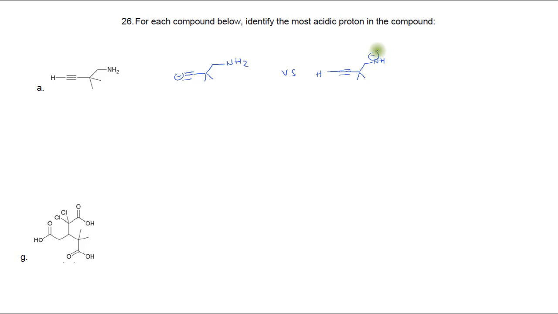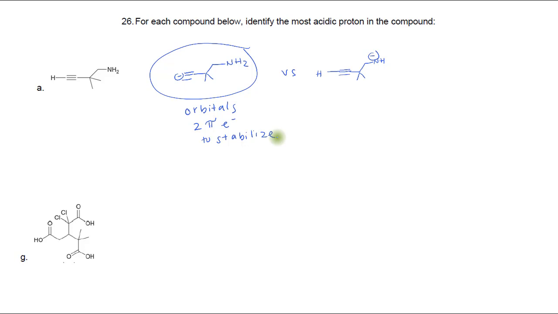In this case, because the nitrogen seems like it would be better at taking the negative charge, there's two pi orbitals here on the alkyne. So this one happens to be the more stable one because it has the orbitals. Whereas the N atom by itself is not going to be able to do that.